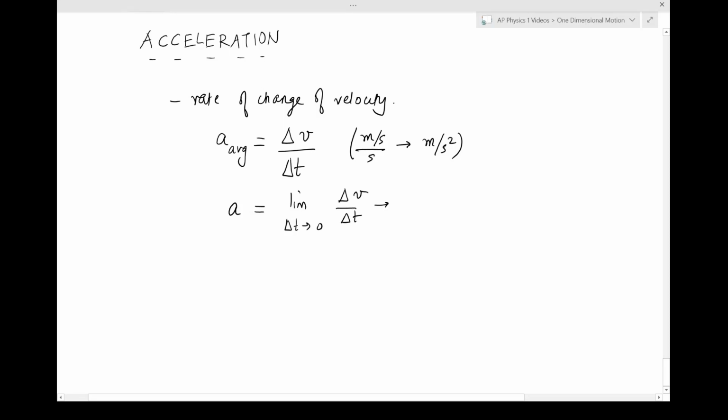Now, as far as we're concerned in this course, we'll only worry about instantaneous acceleration given either uniform situations with uniform acceleration or where you're given graphs.